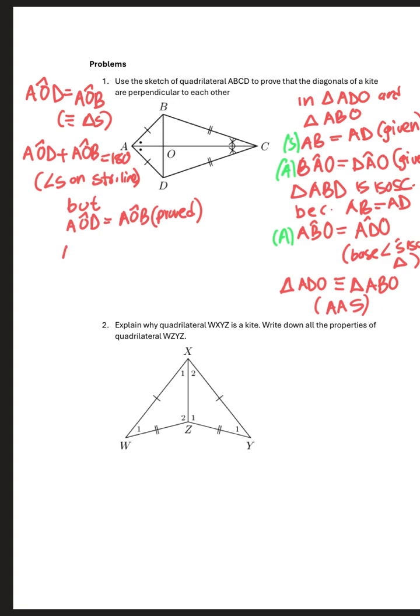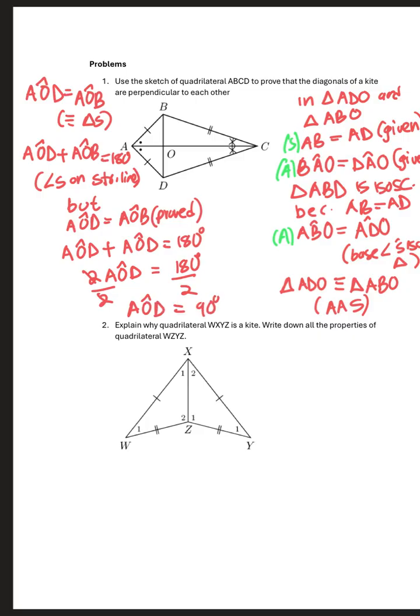So we can just say AOD plus AOD is equal to 180. And AOD plus AOD is 2AOD equals 180. And then we divide both sides by 2, and then angle AOD is equal to 90 degrees.